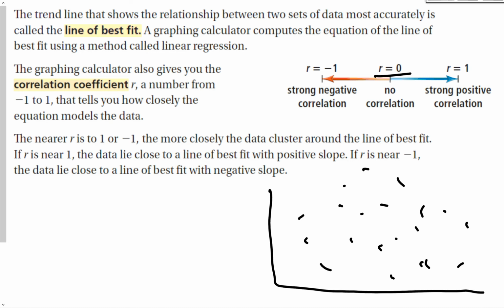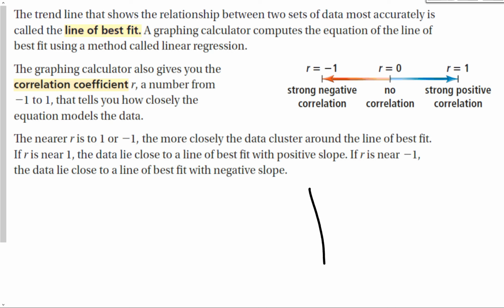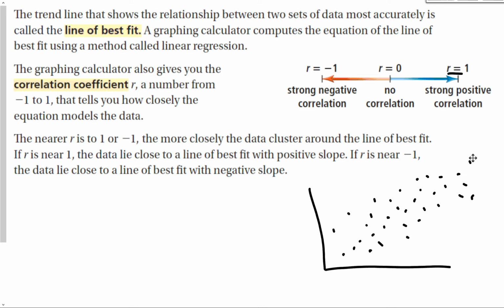As we start getting closer and closer to 1, that would have a very, very high correlation, close to 1. This, with more data, would not. I can still draw a line that approximates everything, but some of these points are far away from the line, and some are very close. So my correlation is going to be much lower, like 0.7 or so.